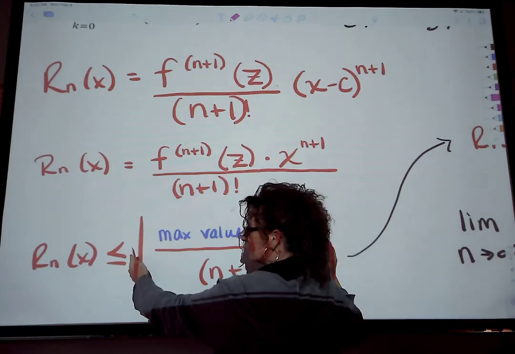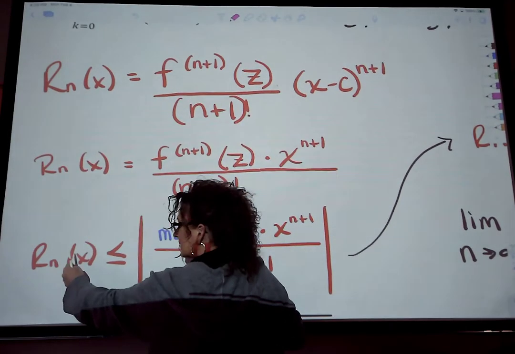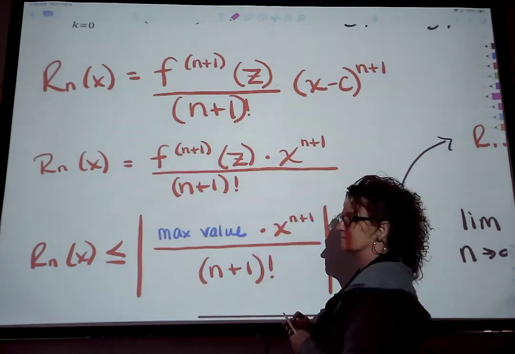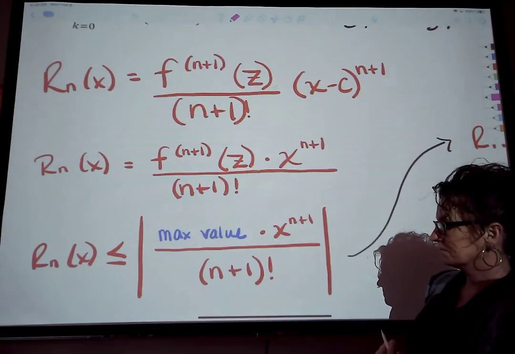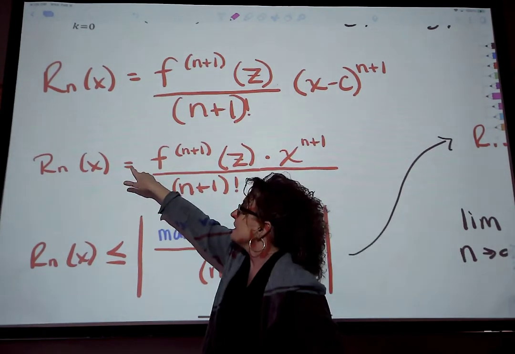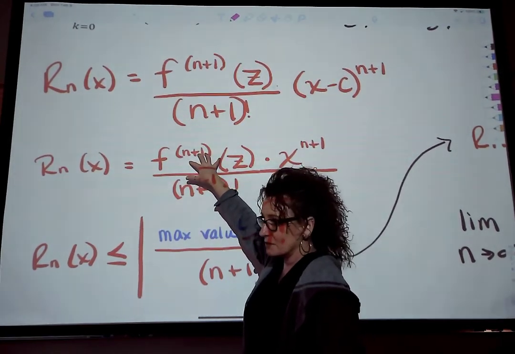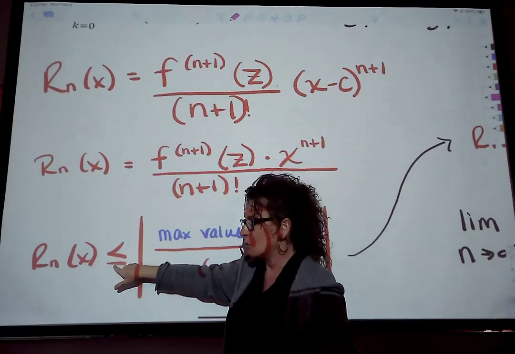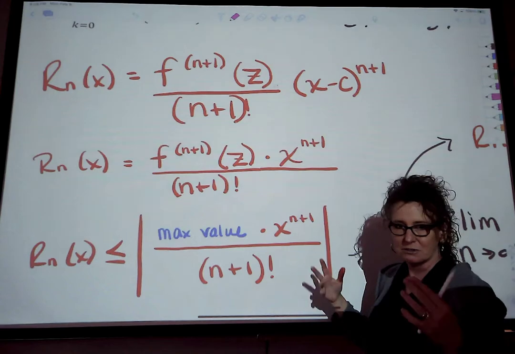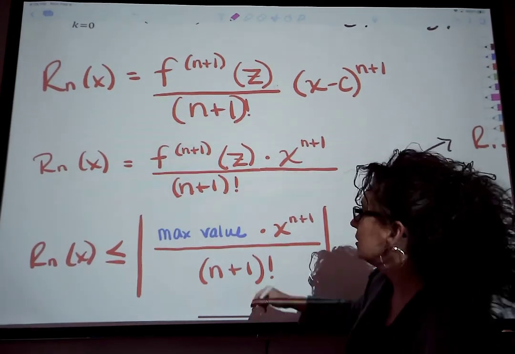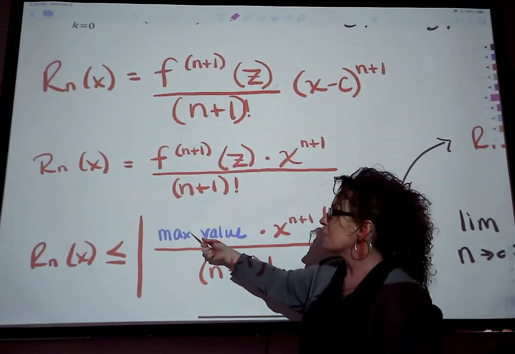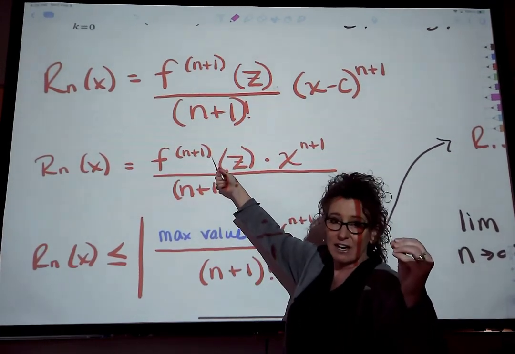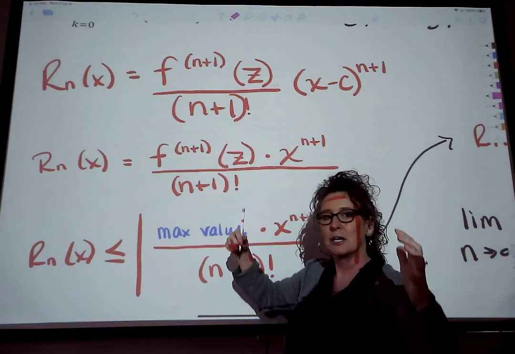I'm going to absolute value it. My error has got to be less than or equal to this. It was equal to it if I knew exactly what it was. Not knowing exactly what it is, I'm going to turn this into an inequality and absolute value it so I don't turn out with a negative. Okay, so I think many of you have come up with the maximum value for any derivative of sine of x. The maximum it could be is 1.